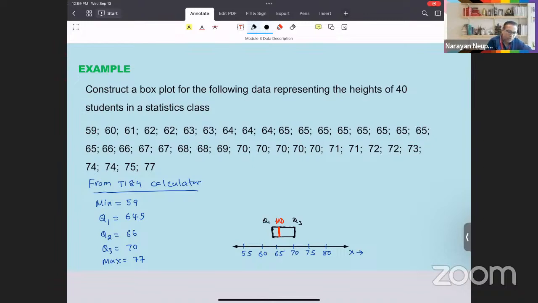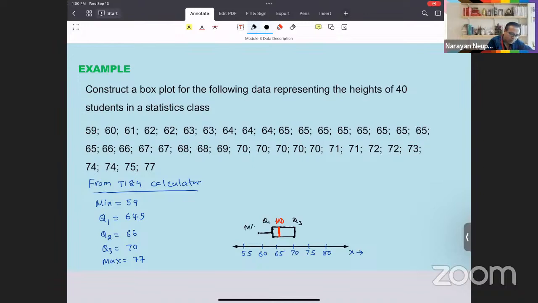Then what you have to do is from the middle of the left side of the box, you should start drawing that whisker. And that whisker goes up to the minimum. Minimum is 59. So 59 is somewhere there. That dot is 59. So you join like that.